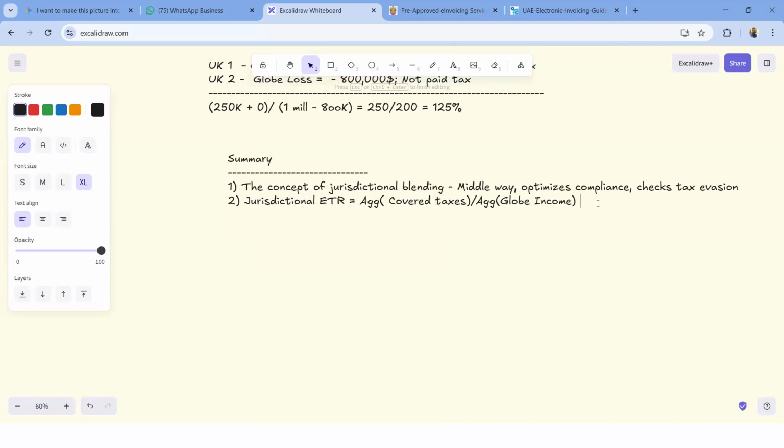Okay, and we found a few vital points, which are basically these instances. The first instance to check is negative ETR, negative global income.